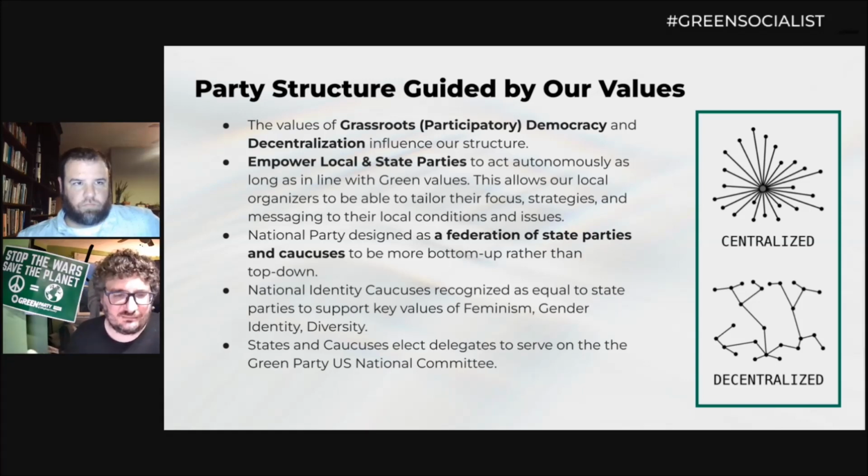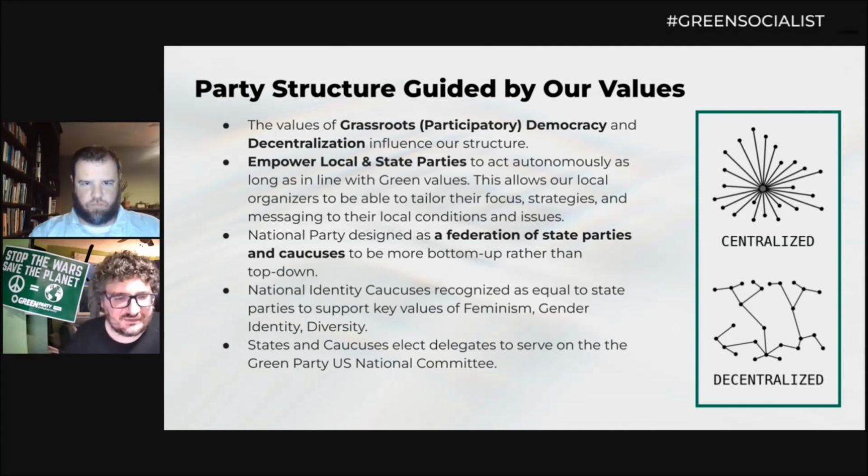We'll talk about that. It might be a little different from how the term caucus is used in other contexts. But the National Party is a federation of state parties. So that means it's not really an independent entity that tells state parties what to do. It's the combination, the cooperation of all the state parties together in a national structure.